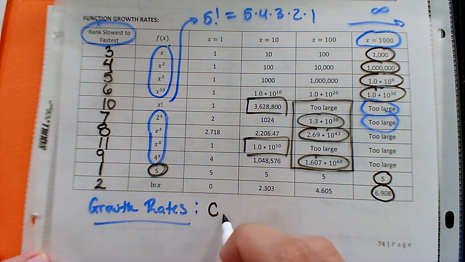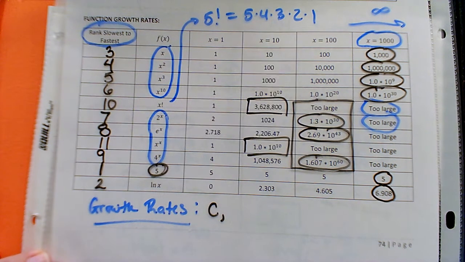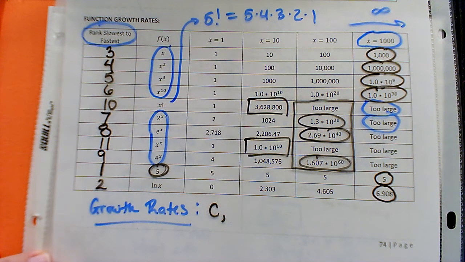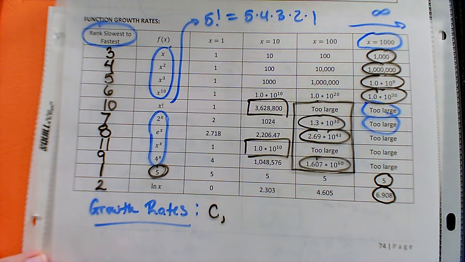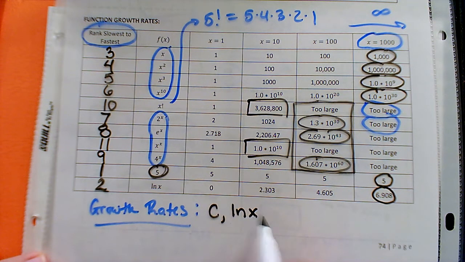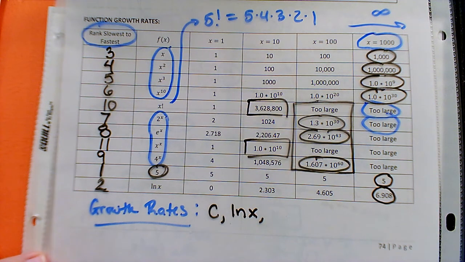So the slowest growing function is a constant. In this case, I used the number 5, but if you wanted to use the number 10 or 12 or 2, those would be considered the slowest growing. So next, number 2, we came across a natural log function. So that's our next fastest growing. Okay, these are slowest to fastest.